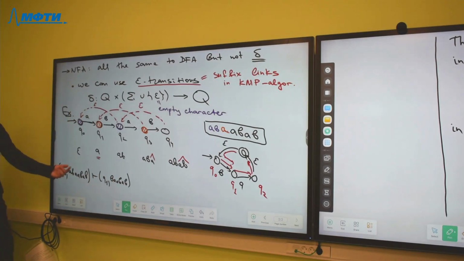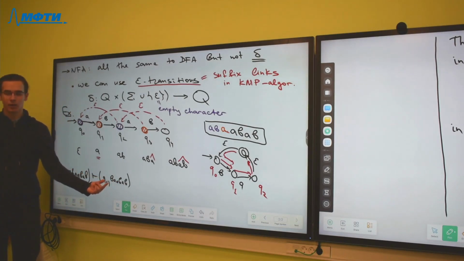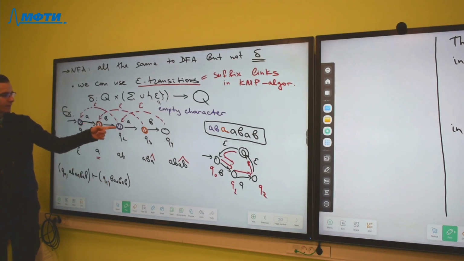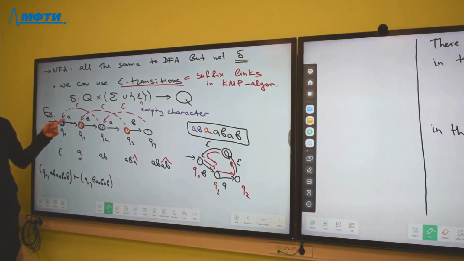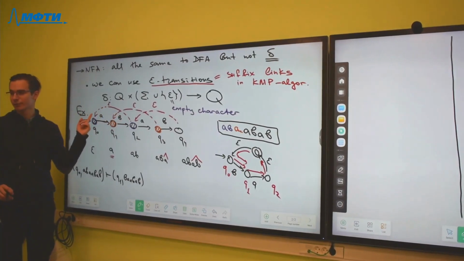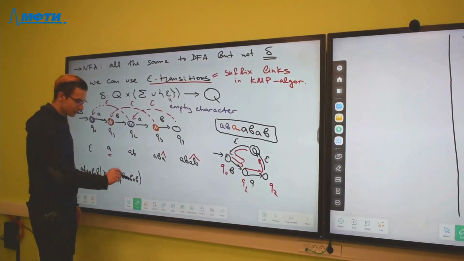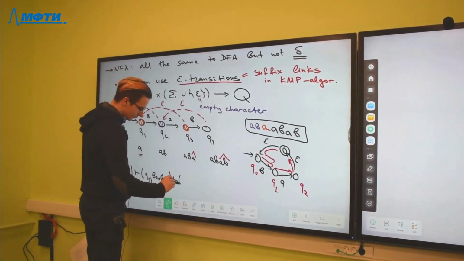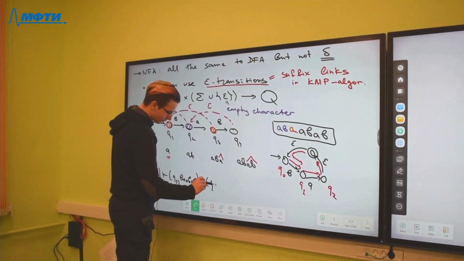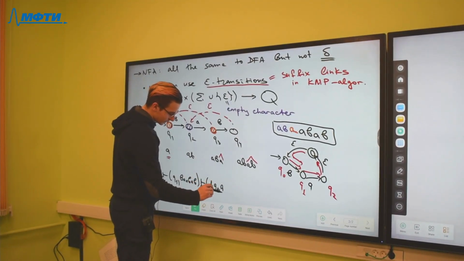Then we read the next character, and we see that there is an epsilon transition. So I write here two states.